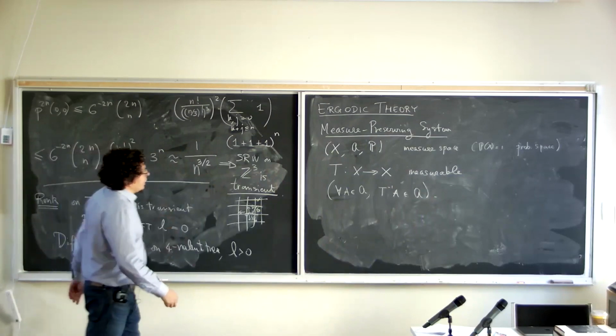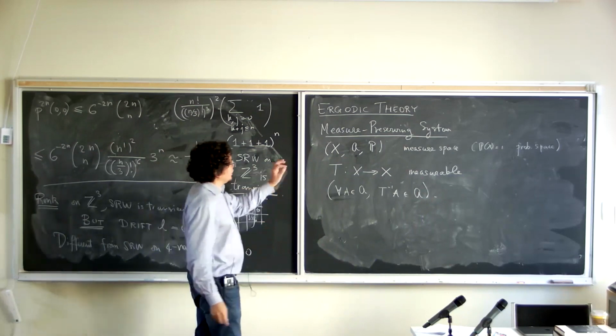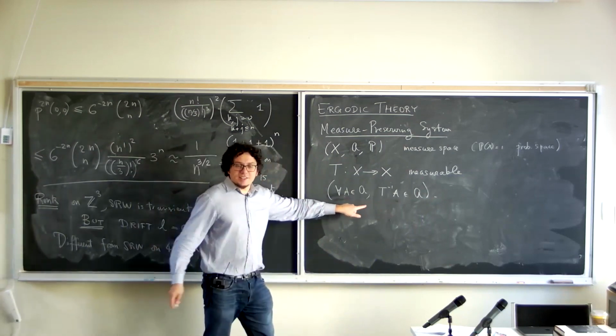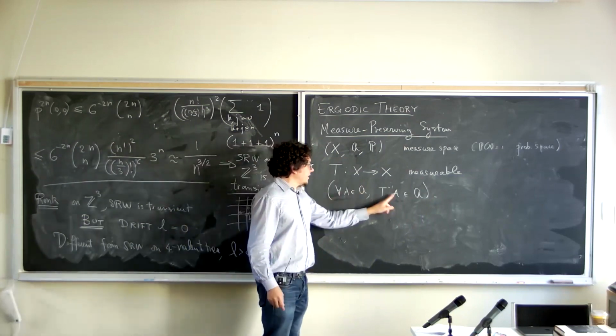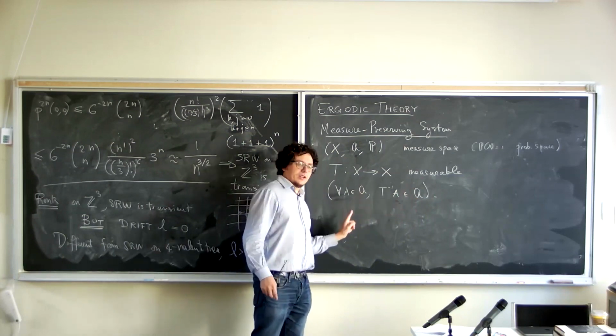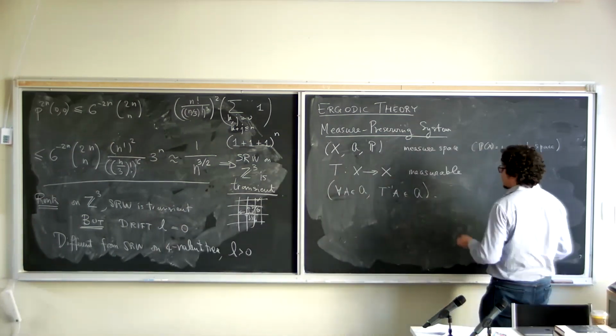Right? So remember, a very, very important fact in ergodic theory: you pull back sets. You very rarely say something about the image of a set, but most often you look at the pre-images. And we'll see in a second why.